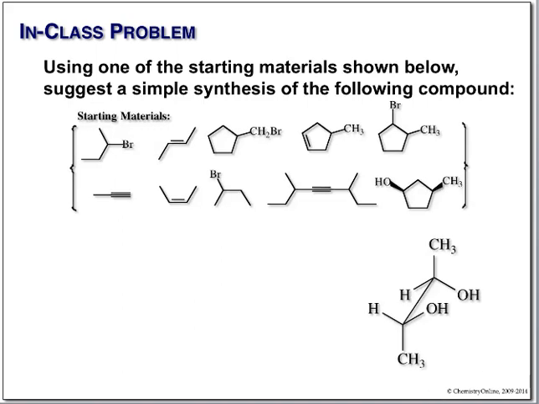Here we have an entire assortment of starting materials, and we have a target. What you do is you simply look at all these guys, look at what you're trying to make, and ask, what is it? How can I make it? What do I need? And you pick it out.